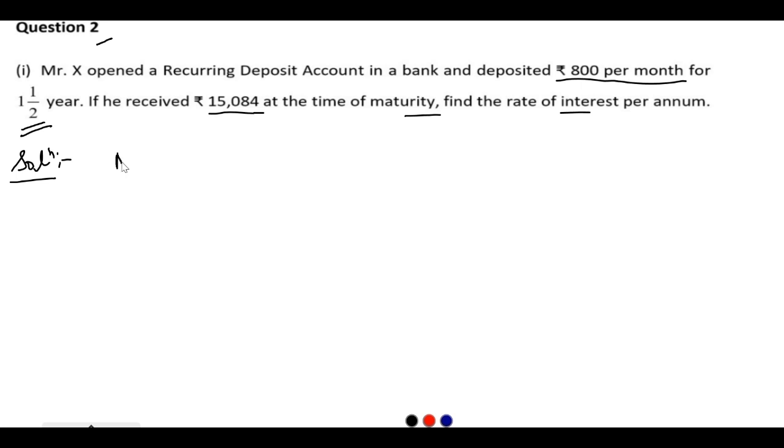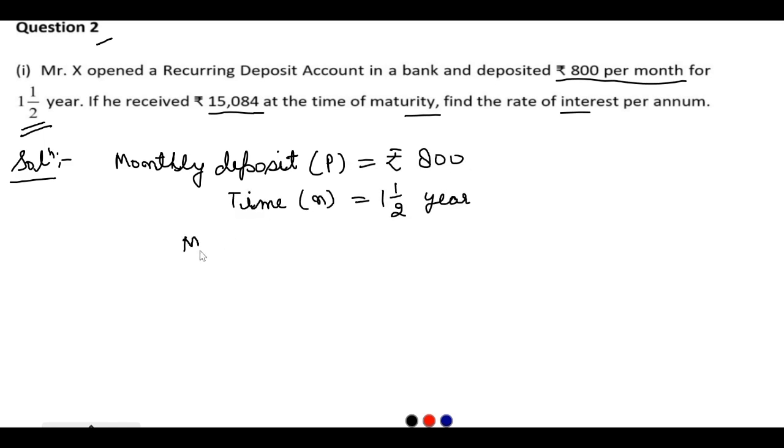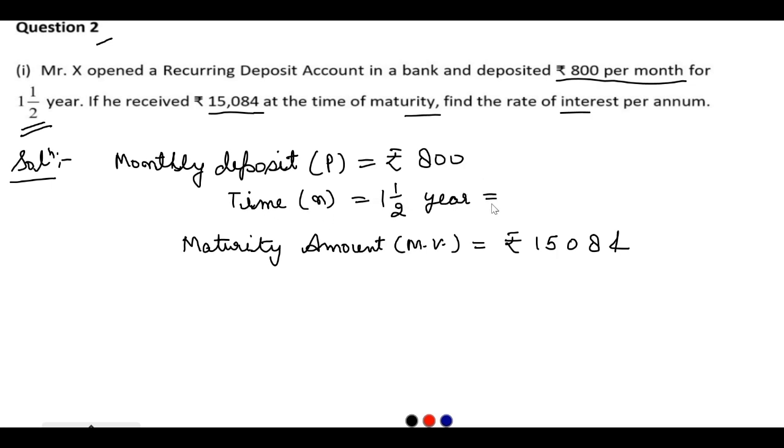In this question, monthly deposit P is equal to rupees 800, time is 1.5 years, but change this into months, 18 months.